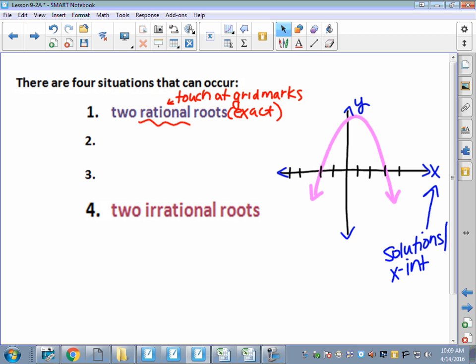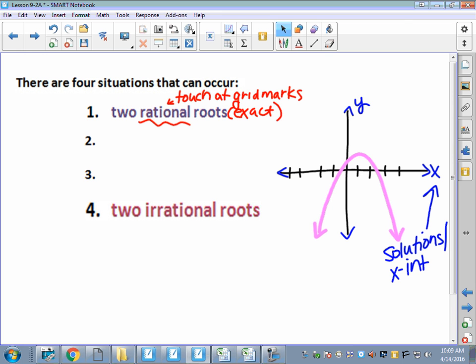Things like 1/2 and 2.75, those are also rational numbers. Remember, we talked about rational numbers at the beginning of the year. Two irrational roots means it still touches in two places, but it's in between. It's inexact. It might be 1/2, it might be 0.4963784992. We don't know.